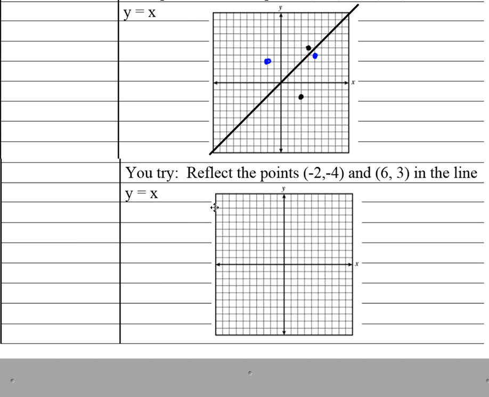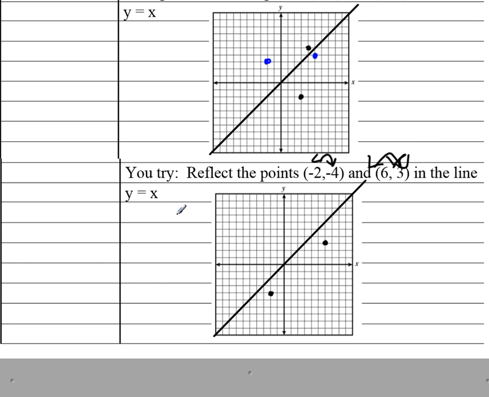Okay, so using another coordinate plane, go ahead and try this example. You're going to reflect the points -2, 4 and 6, 3 in the line y = x. So first we're going to plot the points. And then to give us a visual, we're going to draw in the line y = x, which is straight through the origin, going at a diagonal. And then we're going to follow the rule to flip-flop our x and y position.